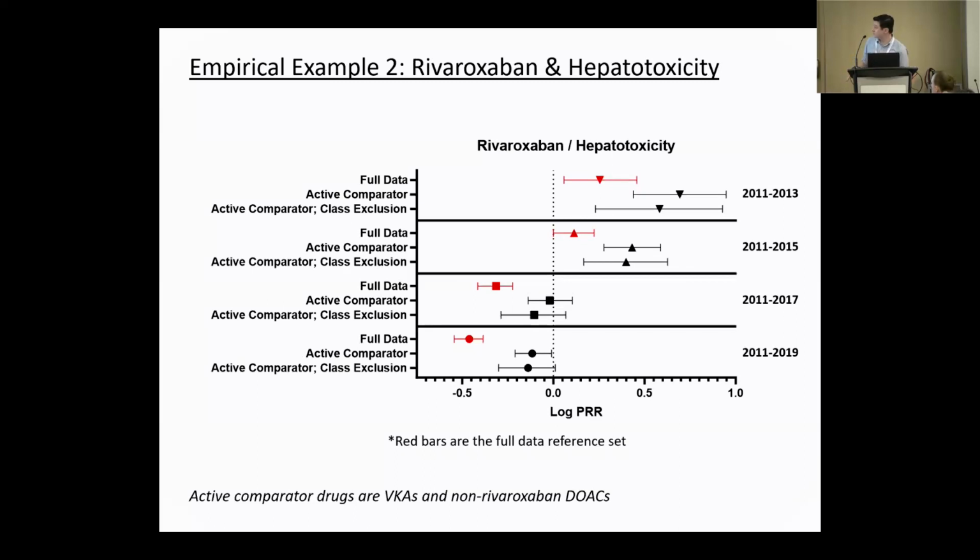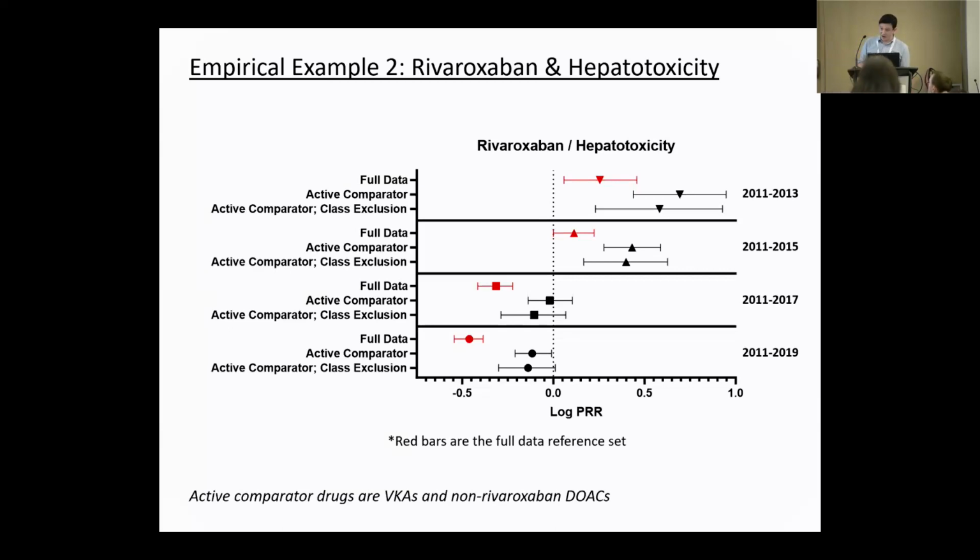In this plot, we start at 2011, which was market authorization, and then I've done 2-year intervals extending the window of observation across the 4 plots. The first upper plot represents the period of time where the Weber effect may have occurred. You can see that a signal has been detected again, but the benchmark or full data reference set has the most attenuation to the null.